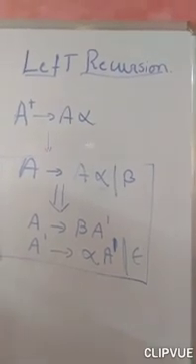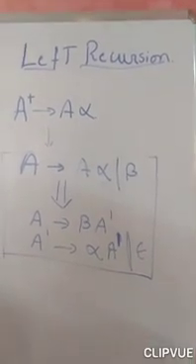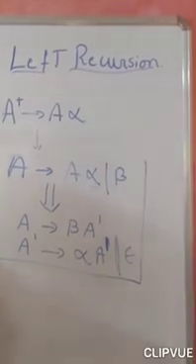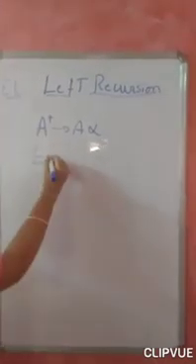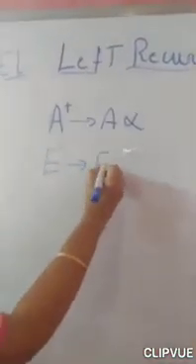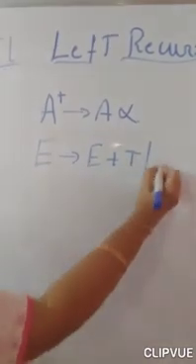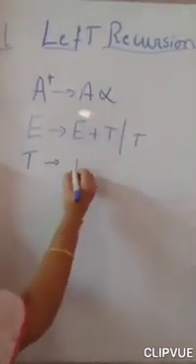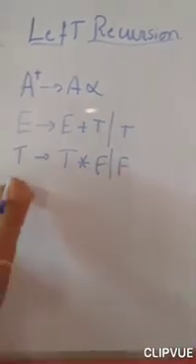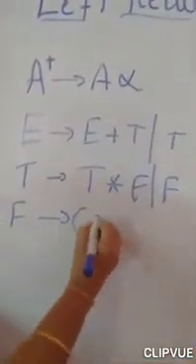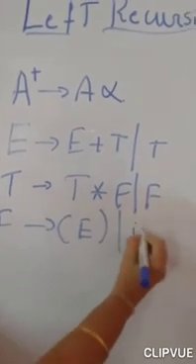Now we will see a few examples of this elimination of left recursion. Let us consider E derives E plus T or T, T derives T star F or F, F derives ( E ) or id.